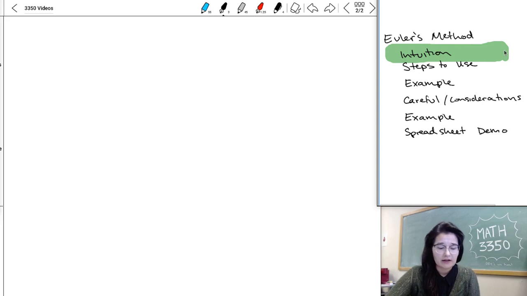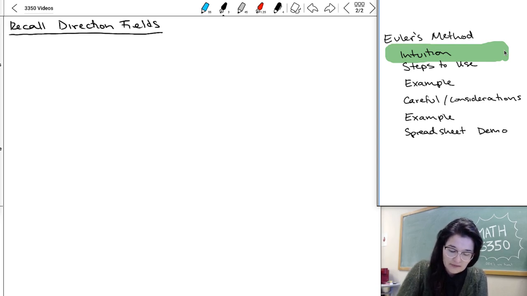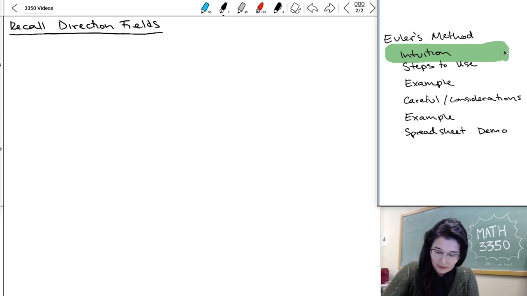So we're going to start off talking about intuition for how Euler's method works and sort of what it does. And to do that, I'd like you all to think back to direction fields. So I'm going to draw a little example real quick.